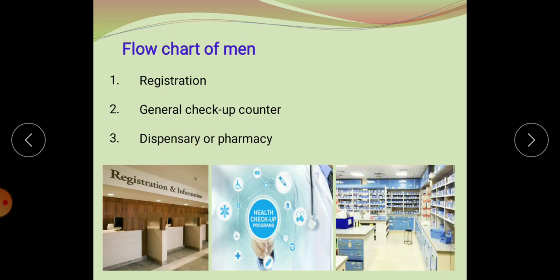Then they will not visit the dispensary or pharmacy, because the medicine will be provided by the hospital. Otherwise, the patients will go to the pharmacy, procure the medicine, and go back home. This is the basic flow of persons who come to the hospital for getting the service.